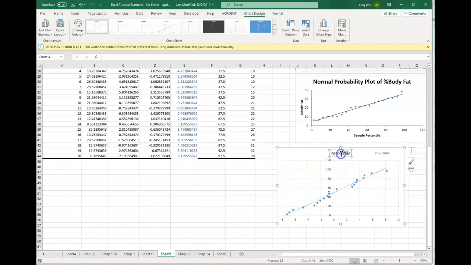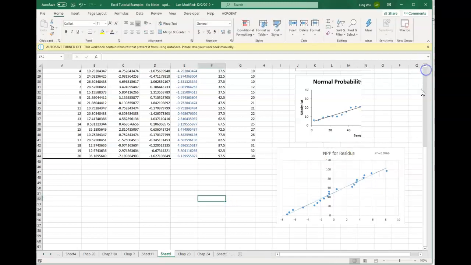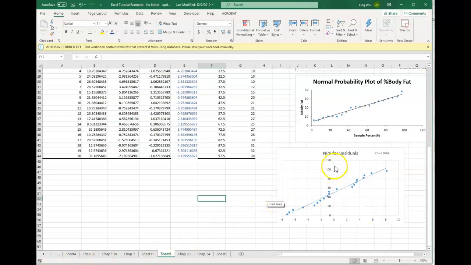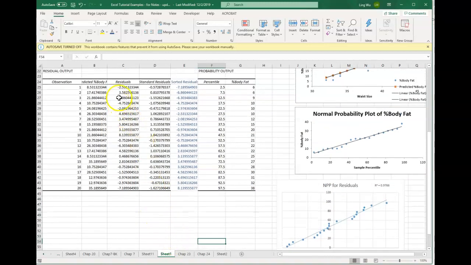Now just change this title into NPP for residuals. So this is the NPP for residuals. Another one is a box plot. We put both together and then compare with our notes. So box plot.